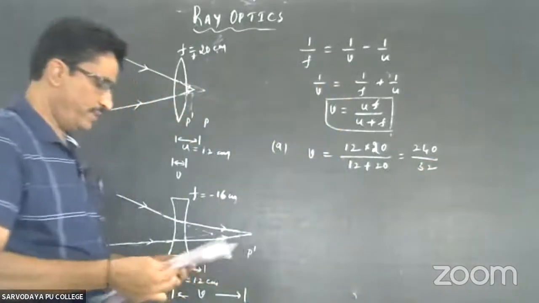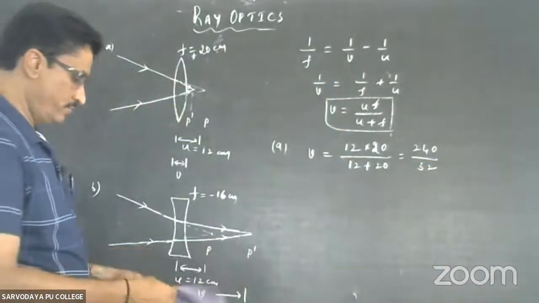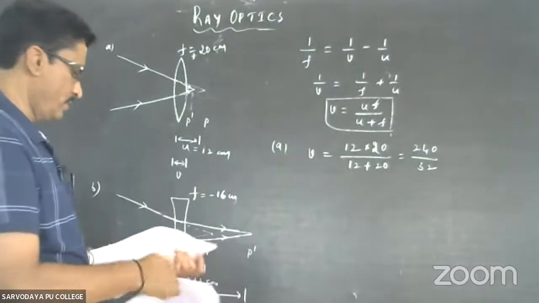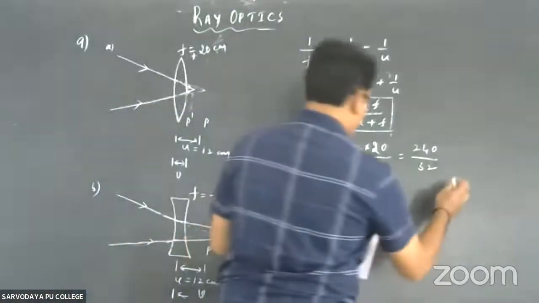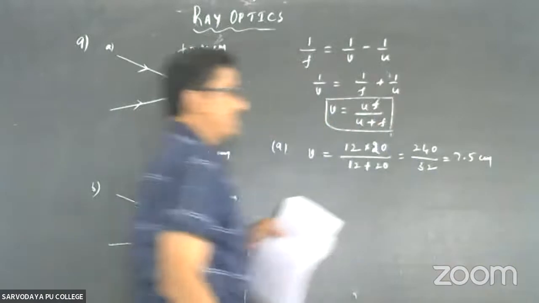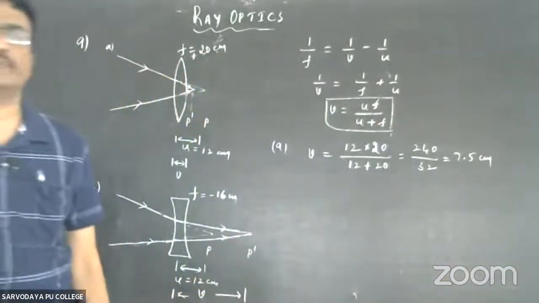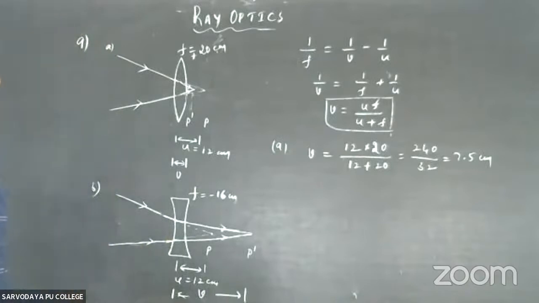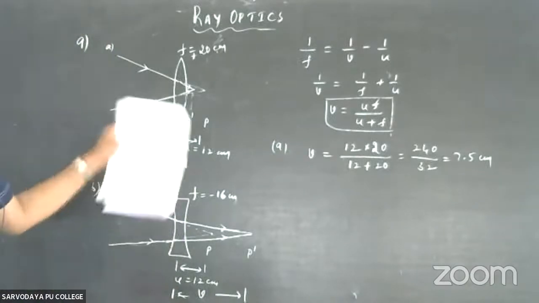Once you simplify this, it comes out to be 7.5 centimeter. That means instead of the point P, it is converging at P dash, and P dash is at a distance 7.5 centimeter from the convex lens.